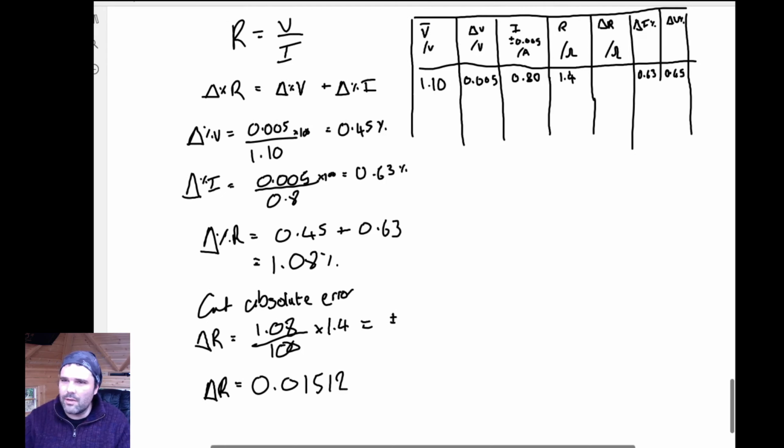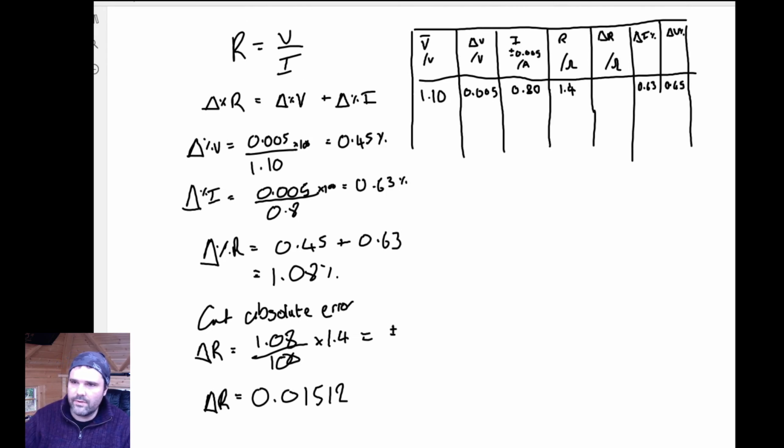Right, so there's no point me going to loads more significant figures than I've got. So my error in R, well, I'm going to have to go to an extra, otherwise I'm going to have to ignore it, aren't I? So 0.02, I'm going to have to go to 0.02.